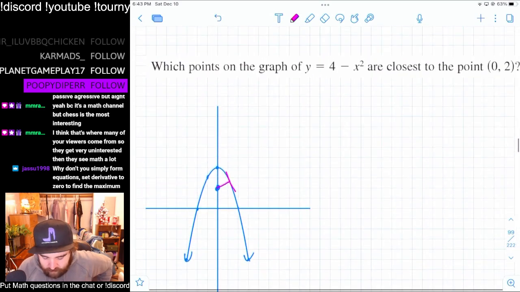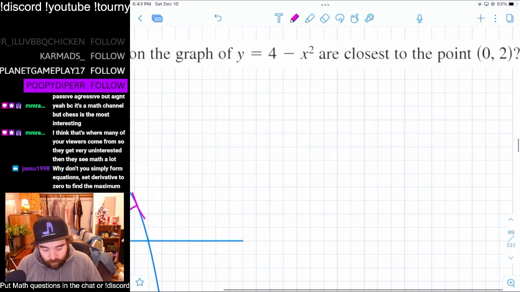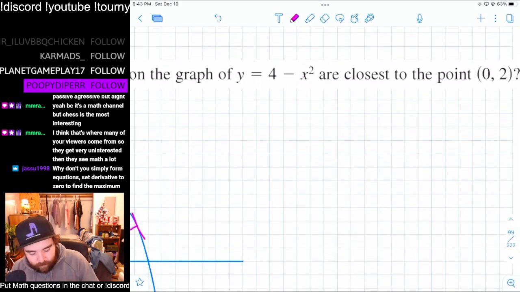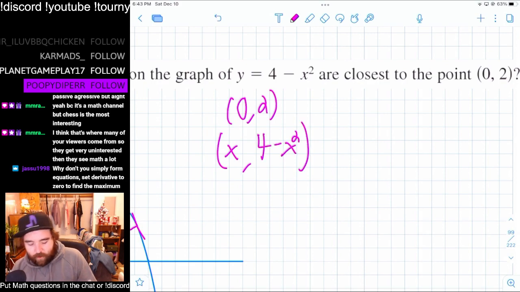So definitely the way to do this problem, like we did the last one, is to write the equation. So we should envision this as 2 points. The point (0, 2) and the point (x, 4 minus x squared). Right? That's just all the points on that parabola.